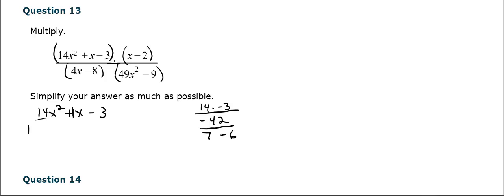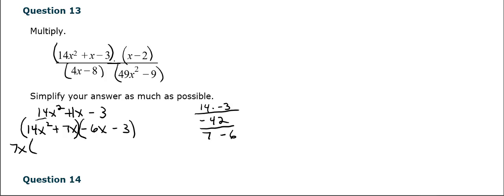So I rewrite my expression so it becomes 14x squared plus 7x minus 6x minus 3, and then we factor by grouping. So in the first group, 7x is the greatest common factor.